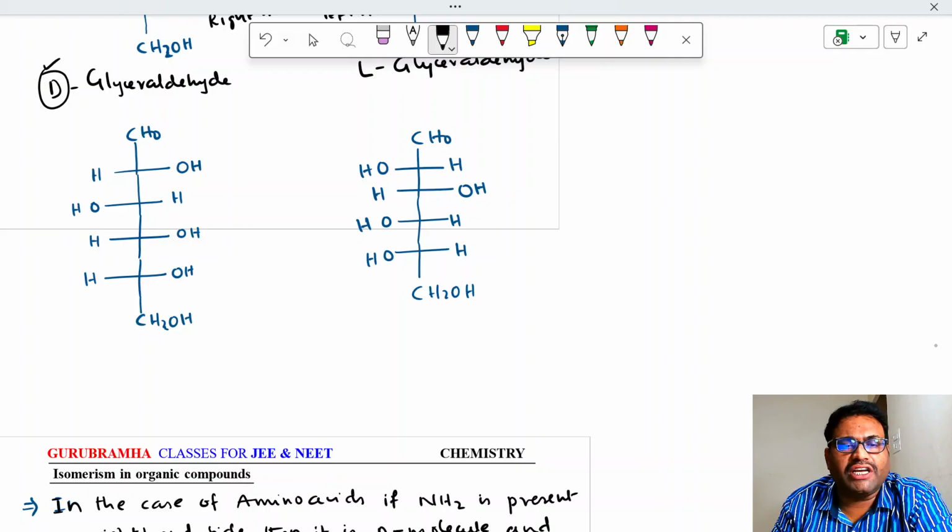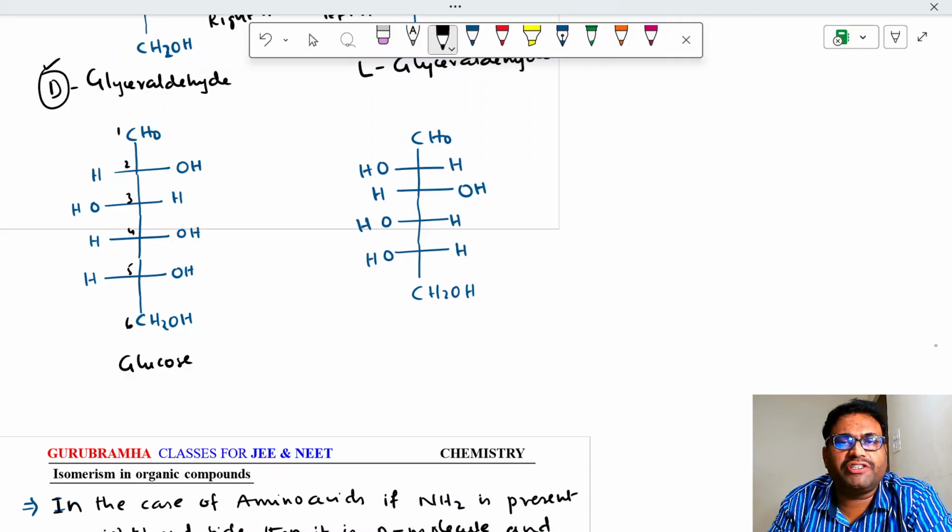So this is glucose actually. We are only looking at the last but one carbon atom. So when you number this, 1, 2, 3, 4, 5, 6. Because aldehyde functional group, numbering starts from the aldehyde carbon atom.